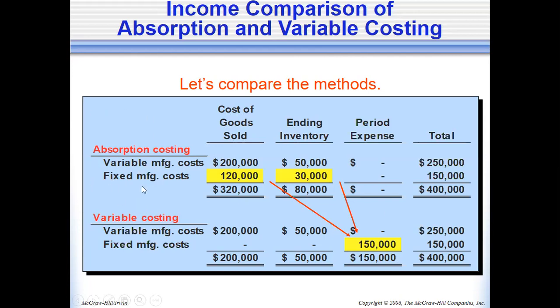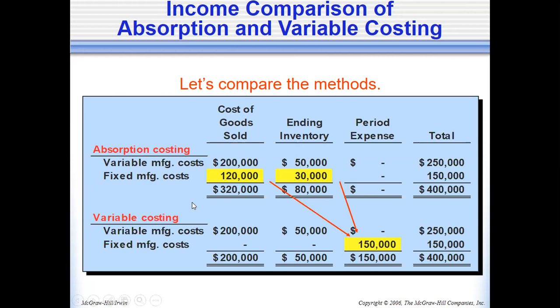For absorption costing, that would be 120,000 and then the 30,000 to equate to $150,000. So we can notice that the 150,000 is segregated into the cost of goods sold and ending inventory under absorption costing.